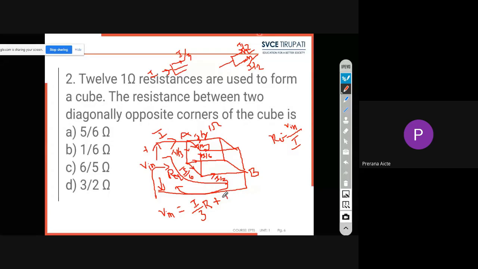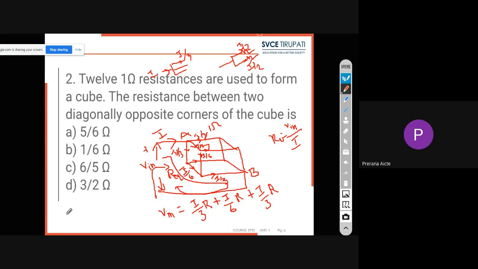I by 6 into R, plus, what is this drop? I by 3 into R. Is it clear or any doubts? Is it okay to all?